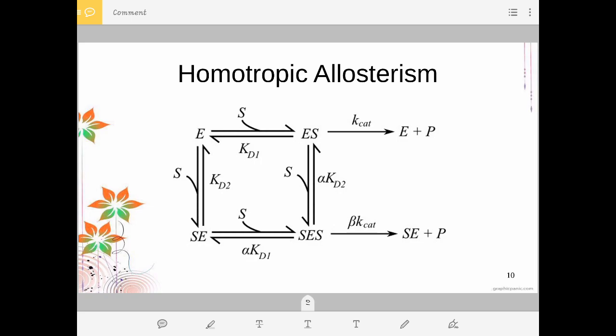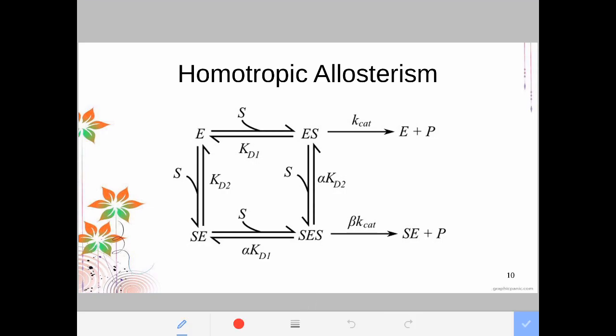So our reaction goes like this. You have your enzyme, and it binds to your substrate to form your enzyme substrate complex. We refer to this one as C1. Later on, you will see C1. The same substrate can also bind to another site, forming another complex.